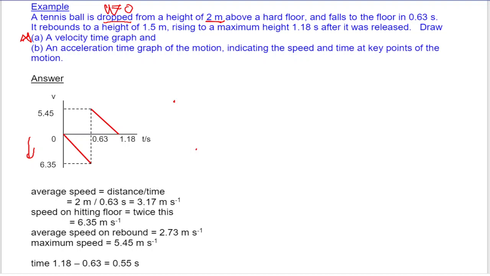So the area is equal to half base times height, which is equal to half of 0.63, because we're told that it takes 0.63 seconds to get to the floor, times the height, which is going to be, let's just call it V1. So this value here is V1.